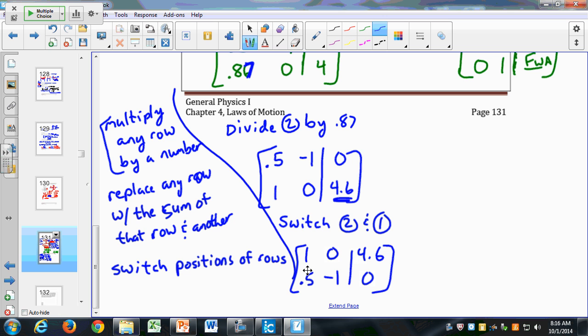Then I'm going to replace row 2 with row 2 plus negative 1/2 of row 1.